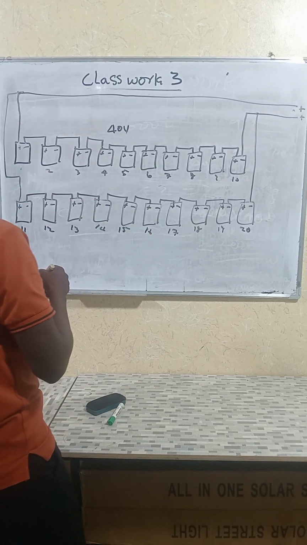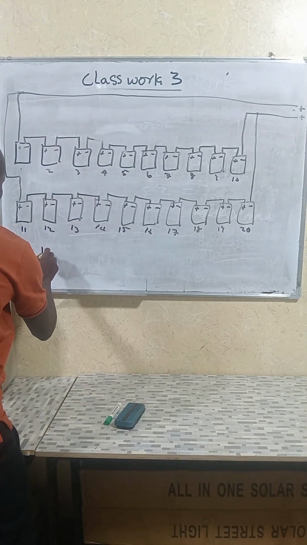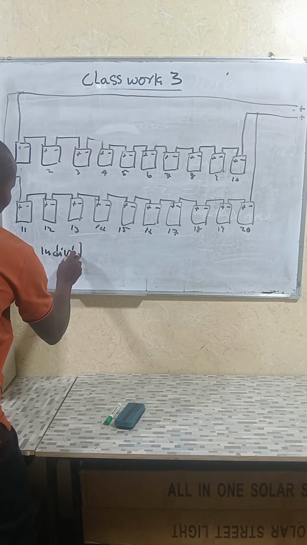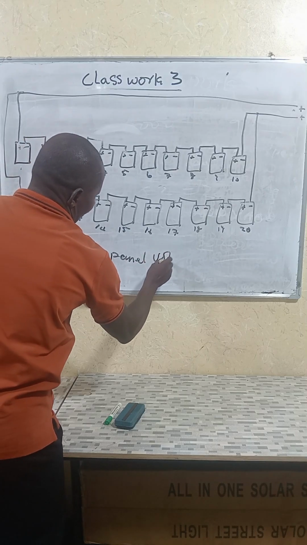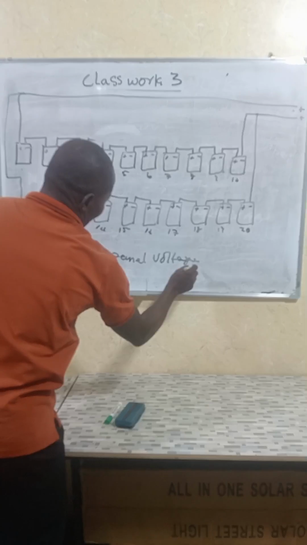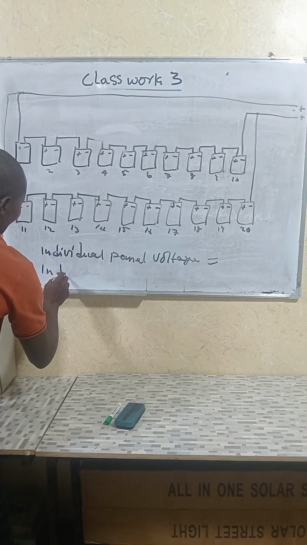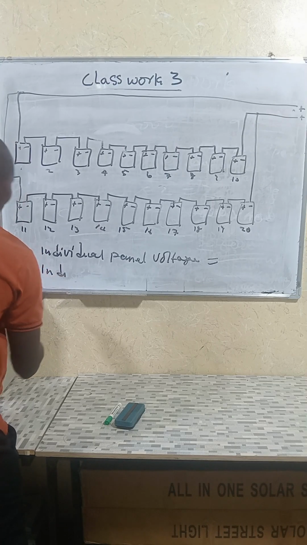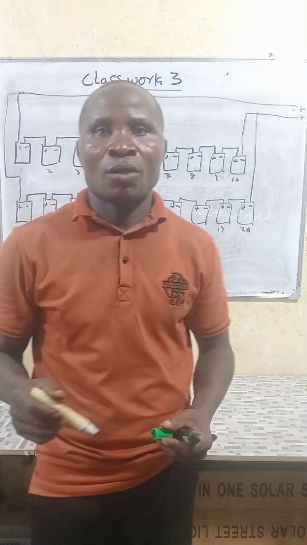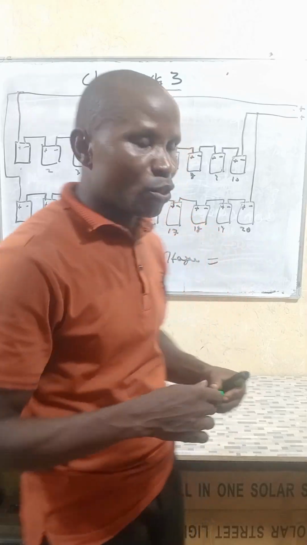Now the current. The individual voltage is 40. That's the maximum current. That is current at maximum power and voltage at maximum power.